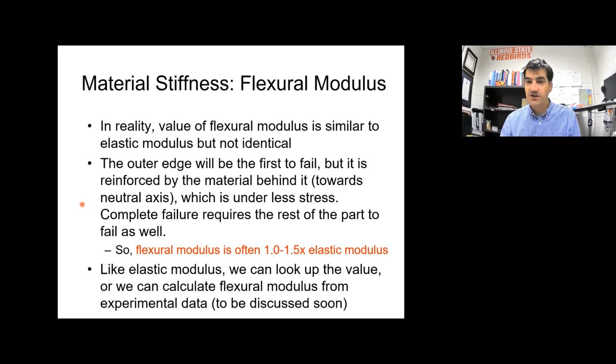So if you are looking up the flexural modulus on matweb.com or some other resource, and you can't find it, because not every parameter is always given for every material, you can make an educated guess. You can say that, okay, I can't find the flexural modulus, but I can find the elastic modulus for tensile testing. So you can make a guess that the flexural modulus is maybe 1.25 times the elastic modulus in tension. That would be a pretty reasonable guess.